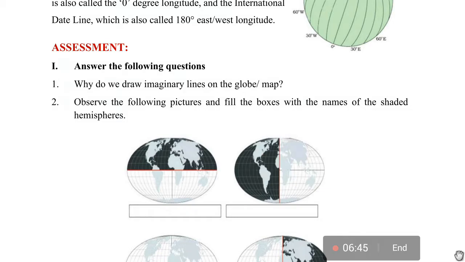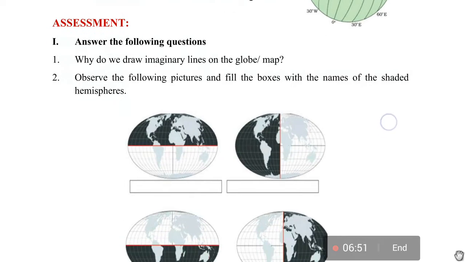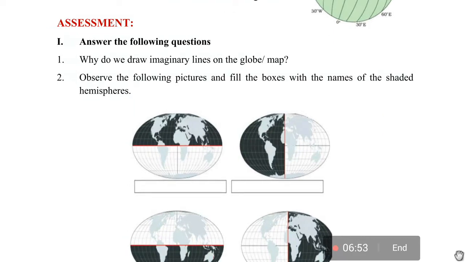Second one, observe the following picture and fill the boxes with the names of the shaded hemispheres. First one, the black part, the top side, is the northern hemisphere. Second one, the west side or left side, is the western hemisphere.